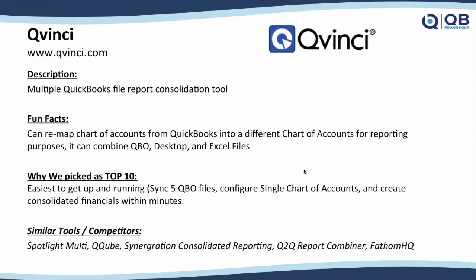So to me, this was speed. It was absolutely speed. But specifically for presentation, I think Fathom is actually better. But I had to pick one, and to me, it was the one that got me the consolidated financial report the fastest. So I was a little bit of a utilitarian from that perspective.